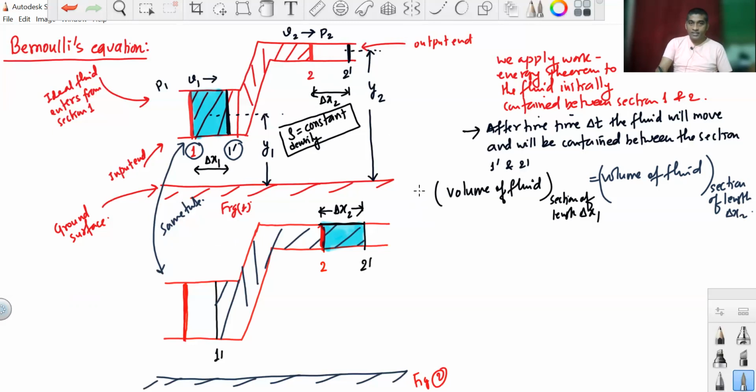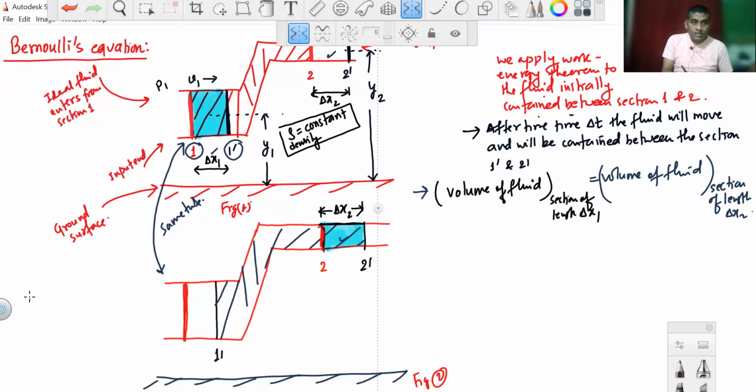So I'm writing in this form: volume of fluid of the section having length delta x1 equals volume of fluid in the section of length delta x2. Now we know density, so let me do some rough work.